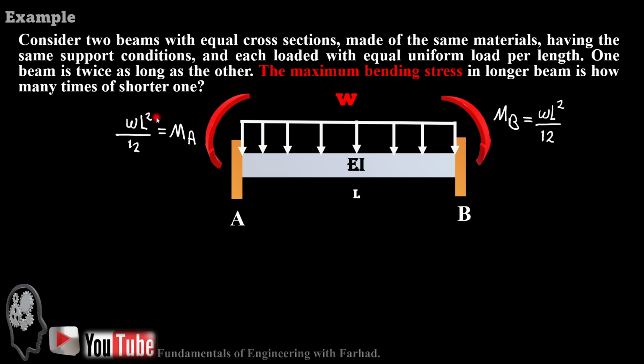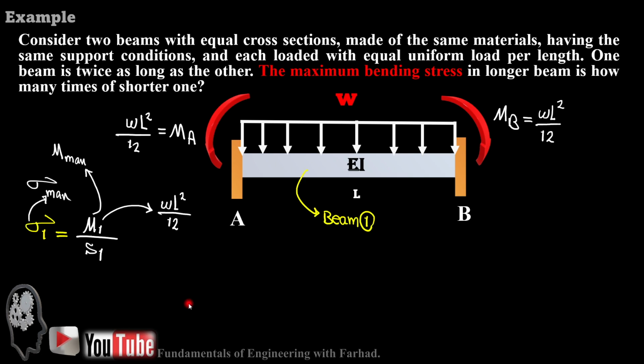Due to the symmetry, MB and MA are identical to each other and they are maximum. If we call it beam 1, the maximum stress sigma 1 in beam 1 is M1, the maximum moment, which is WL squared over 12, over the section modulus for beam 1.